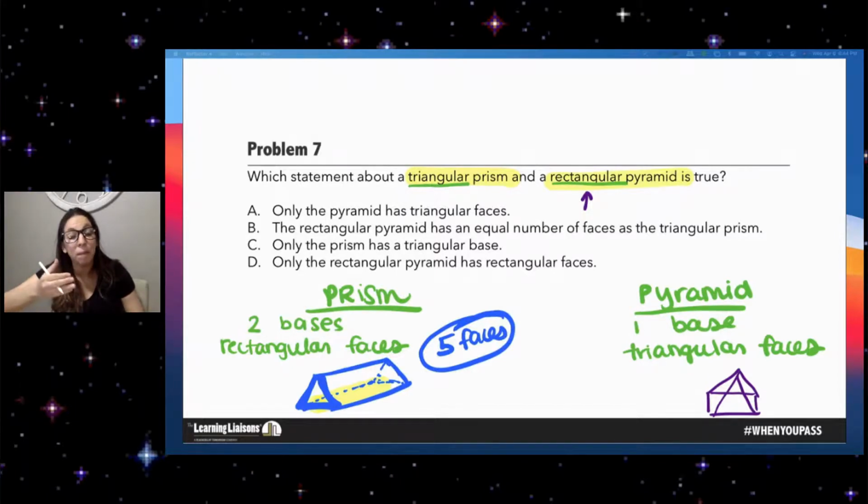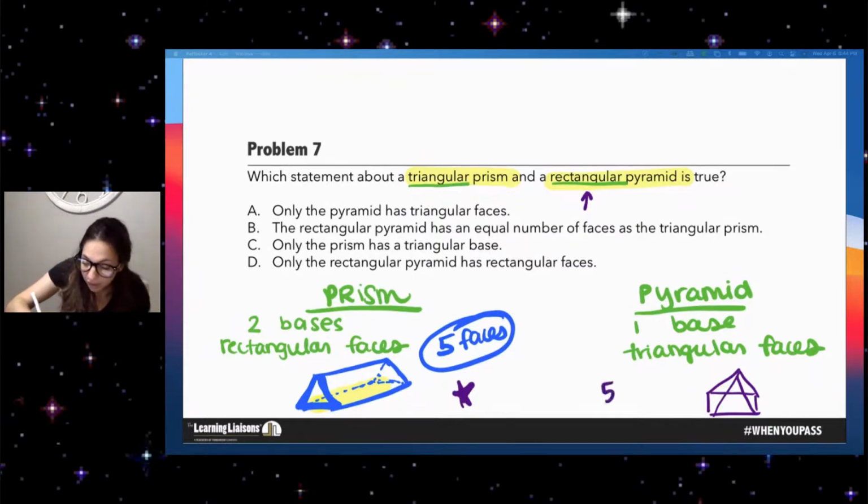The same number as I do sides of my base, just like this one. So because there are 4 sides on a rectangle, there are going to be 4 triangles. So how many faces do I have? I have 5 faces for this pyramid as well.